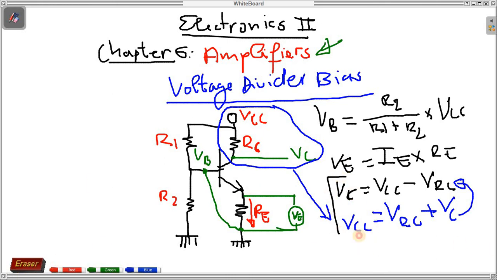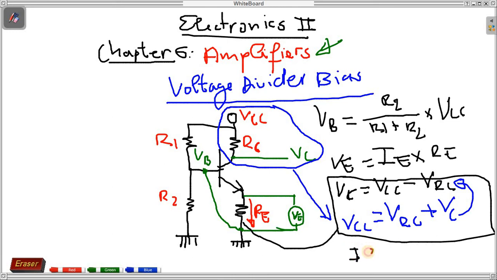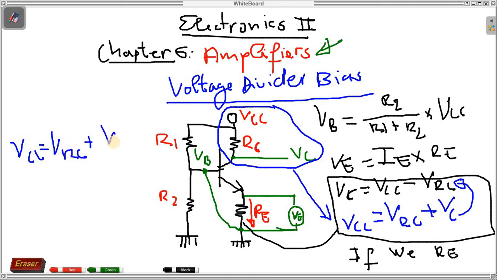This works if we have a resistor here, RE. But without RE, we're going to say VCC is equal to VRC plus VCE, if no RE.